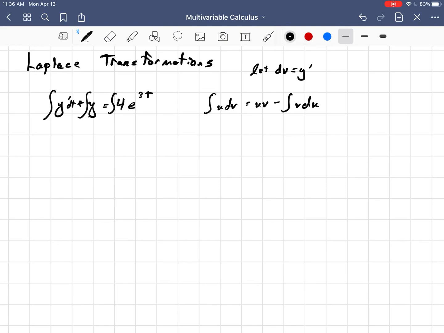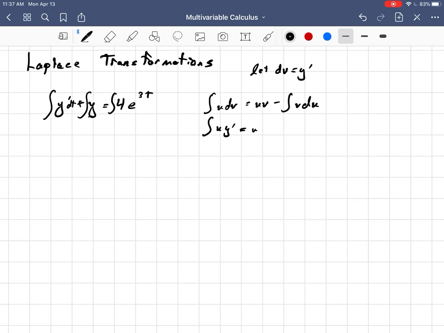So if we let dv be the derivative of y, then we're integrating y prime twice essentially, and we're only integrating u once, whatever we're going to let u be. If dv is y prime, I don't really care about what u is right now. I'm going to get to that later.